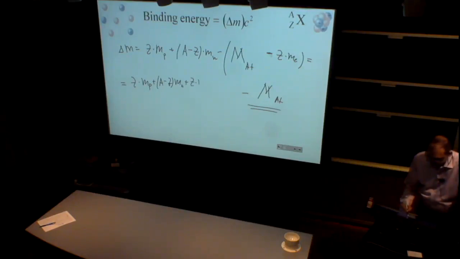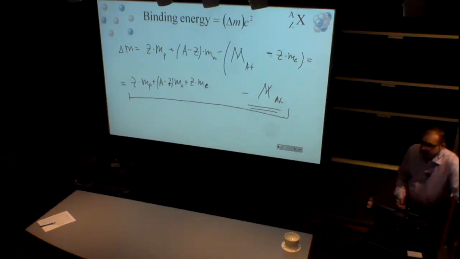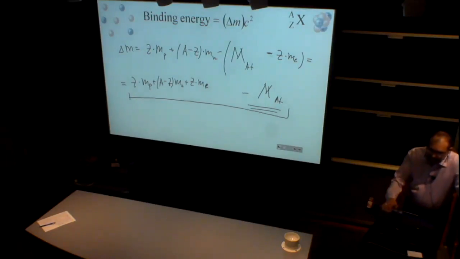Minus and minus makes it plus electrons. So this is a general calculation we can always use to calculate the mass defect and multiply by 931.5 to get the binding energy.